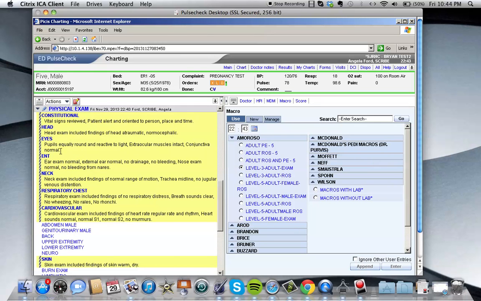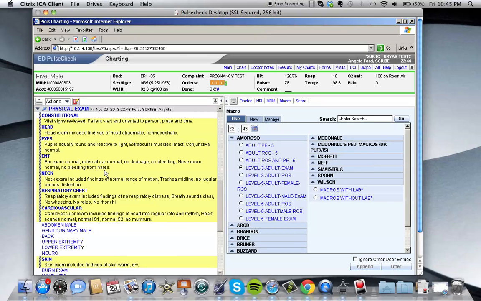And you can see that it just takes a template and moves over common things for each exam. All of this is normal, and we just now have to go through and change the abnormals. That makes it a lot easier because, as I just said, now we just need to change the abnormals. It's a handy tool, but it can be hard sometimes to be accurate. So it is important that you read through each section to make sure that it is correct and that it does not contradict anything.